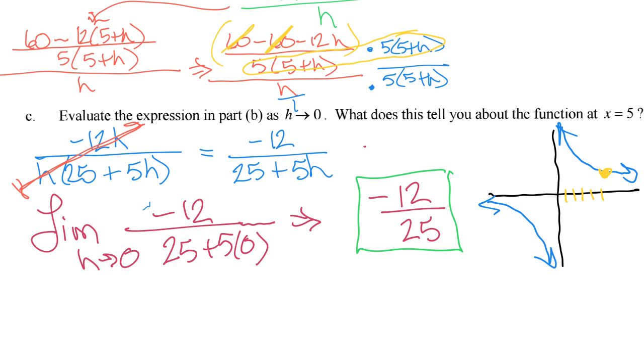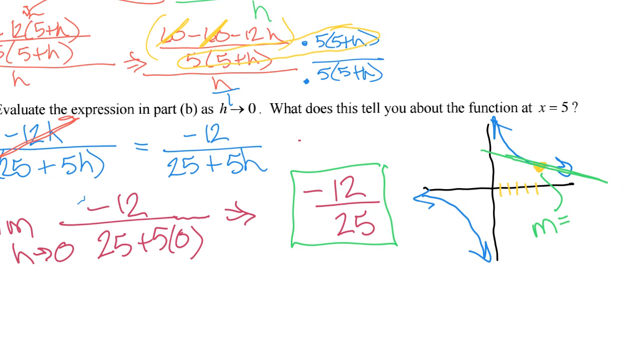This means that the slope of this line at 5 is -12 over 25. Okay.